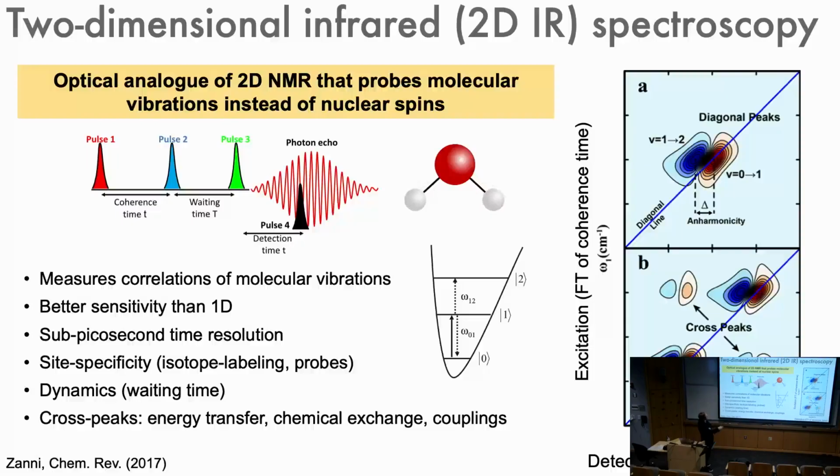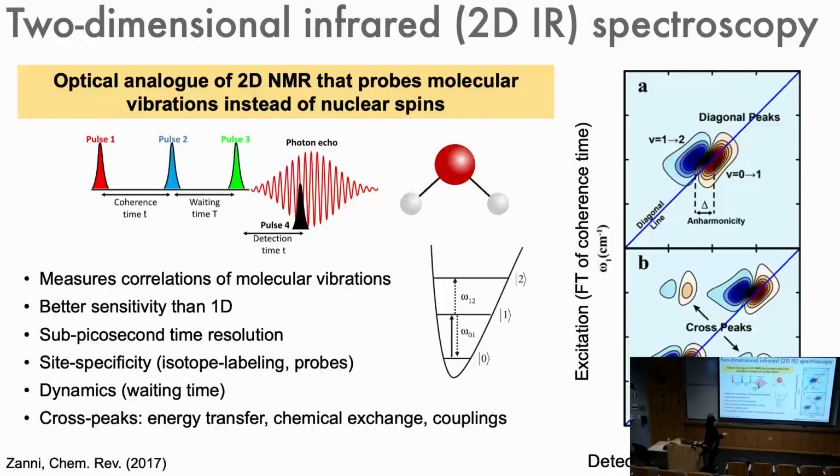The first pulse can excite to the first excited state, and then the second pulse can either further excite through excited state absorption, or it can go to stimulated emission, or it can hit a different molecule and trigger a 0 to 1 transition. All these laser pulses basically climb up and down the vibrational ladder, and the spectrum that you measure looks like this.